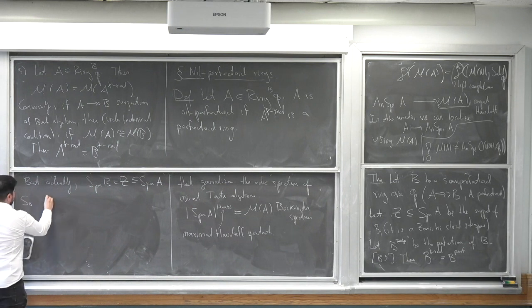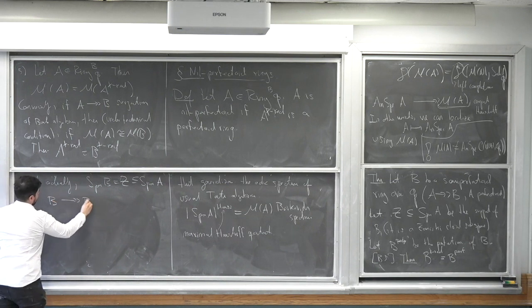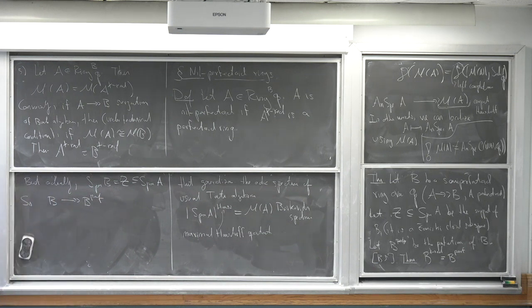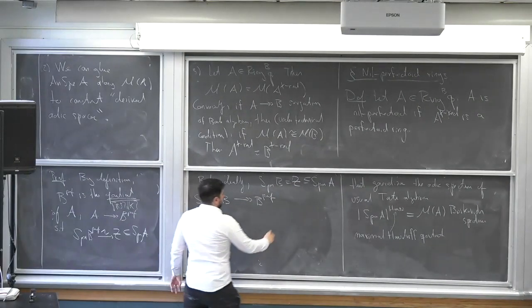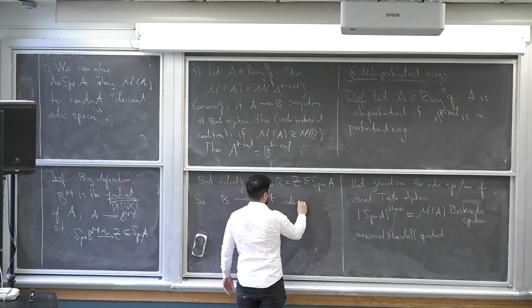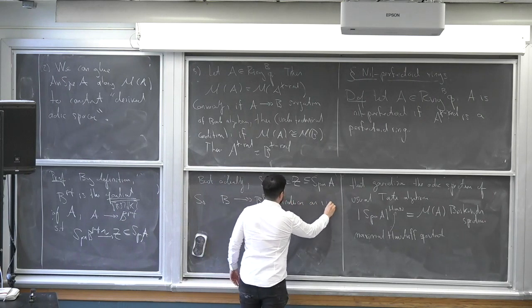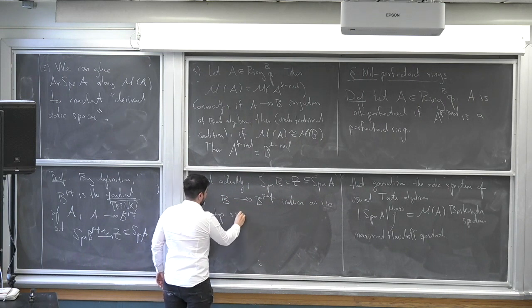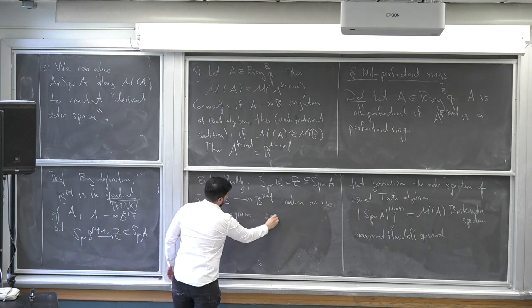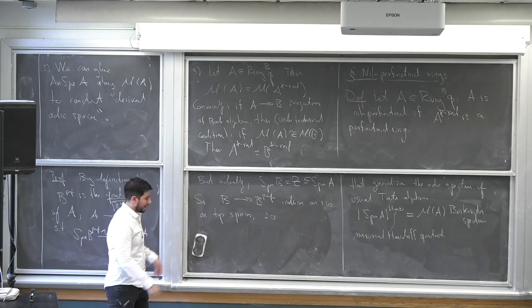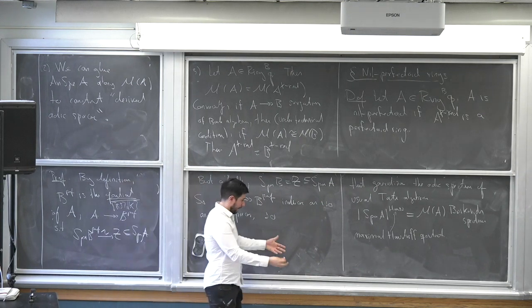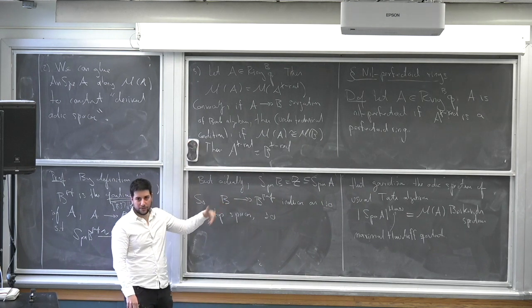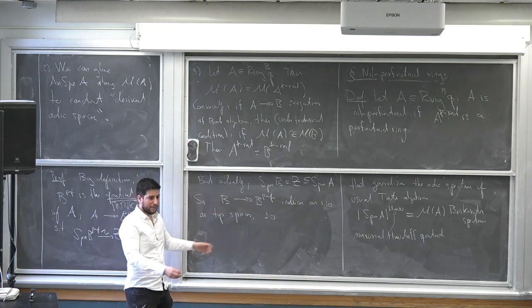So this map is going to be a projection, because already mapping to it is a projection, and this is an isomorphism on topological spaces. So by the remarks we did before, they have the same reduction. Every Zariski closed subspace with the same underlying topological space has the same reduction.